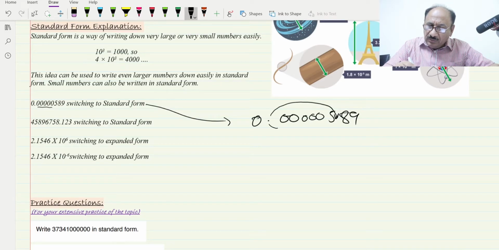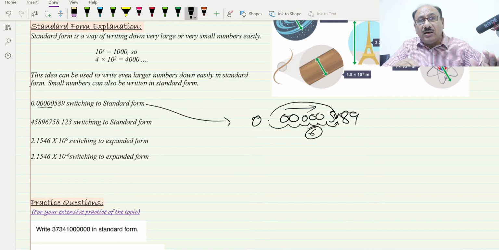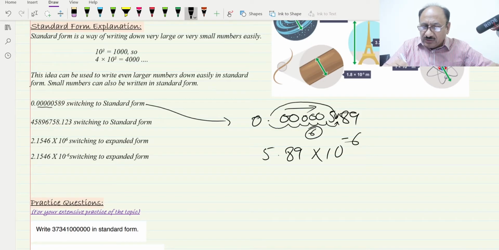So how many jumps will we take? 1, 2, 3, 4, 5 and 6 jumps to the right, and keep in mind always jumping to the right is minus. So 5.89 into 10 raised to minus 6 will be the answer. This will be the standard form.